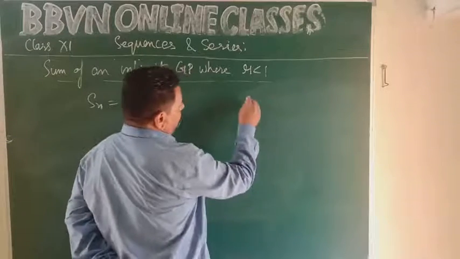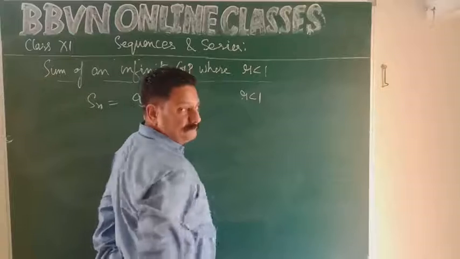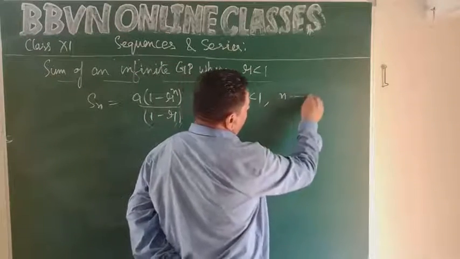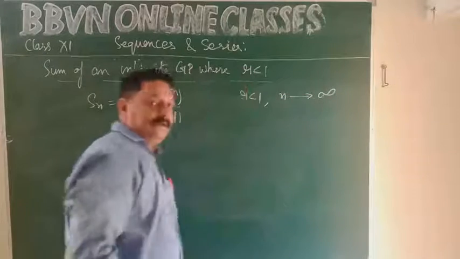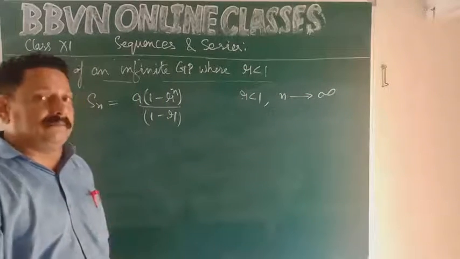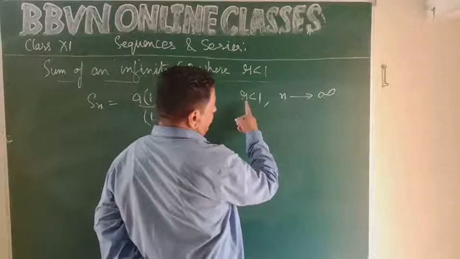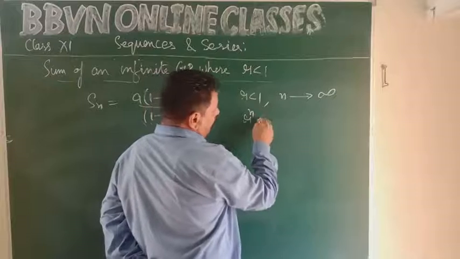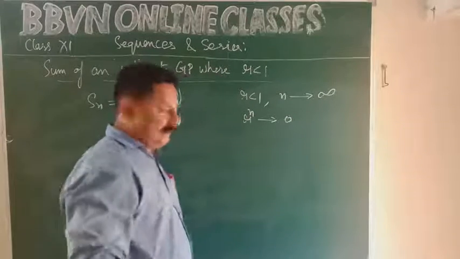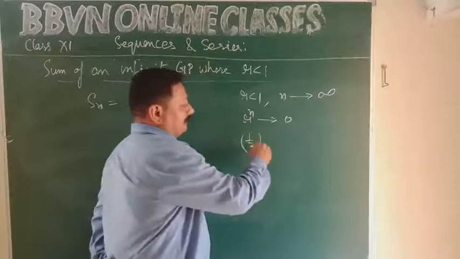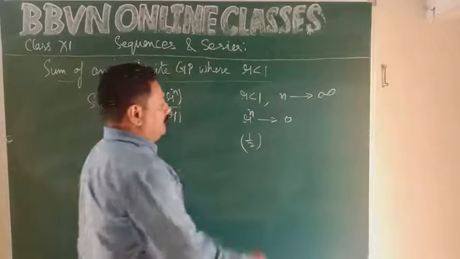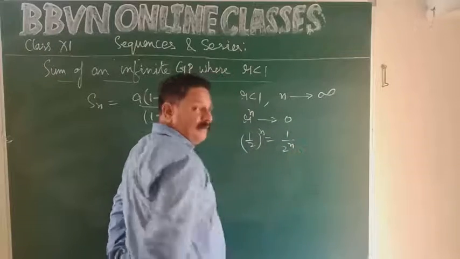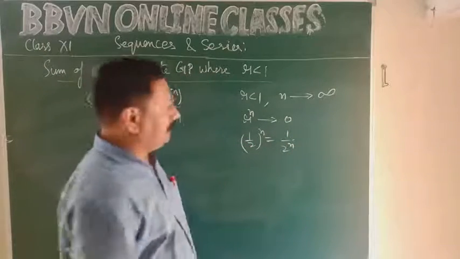Now if I say r is less than 1 and the number of terms n tends to infinity, in that case r power n tends to become 0. Let's take an example. 1 upon 2 is less than 1. 1 upon 2 to the power n is 1 upon 2 power n. What if I take n tends to infinity?